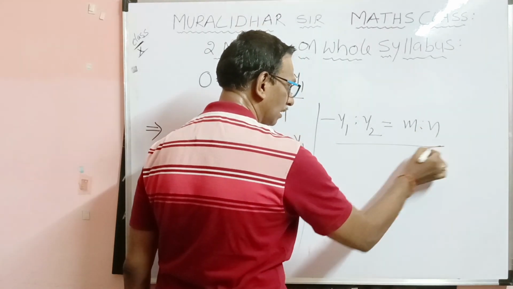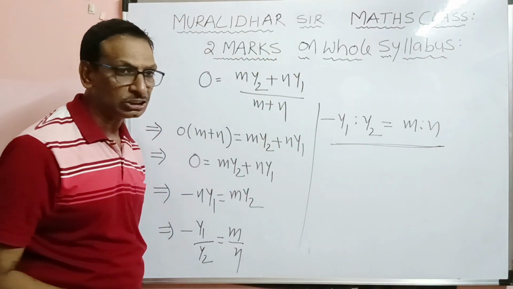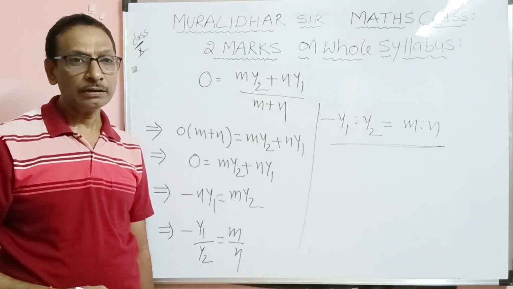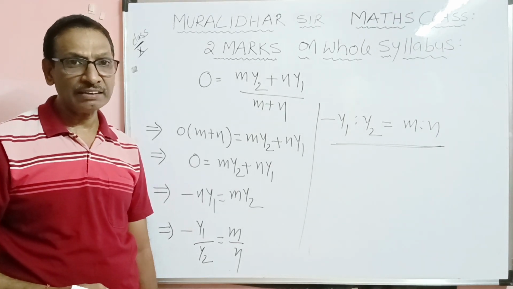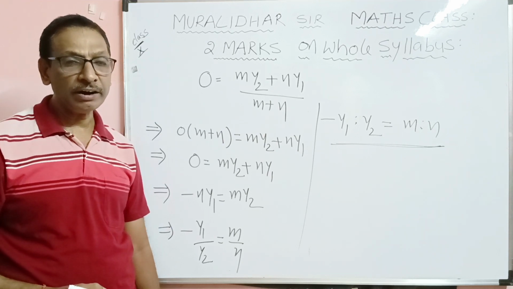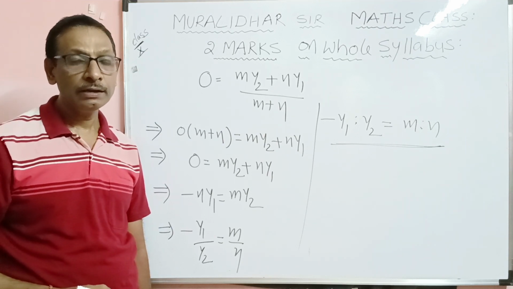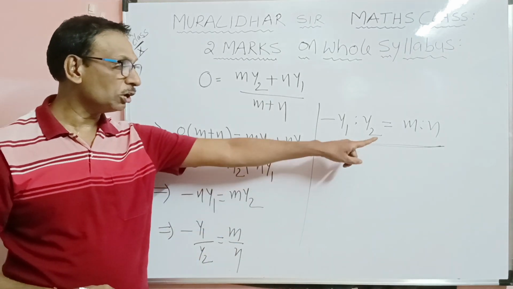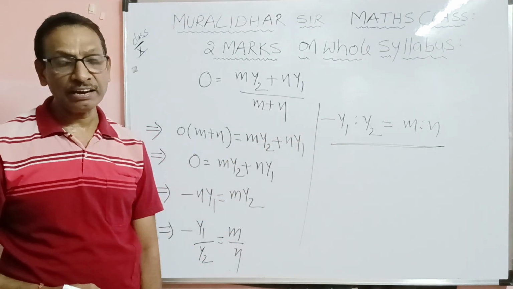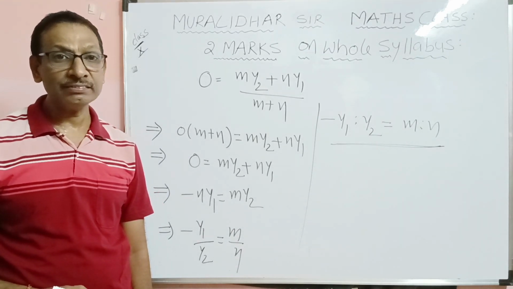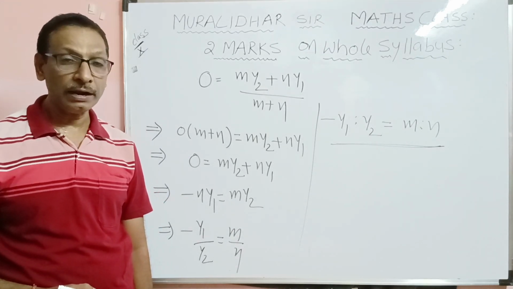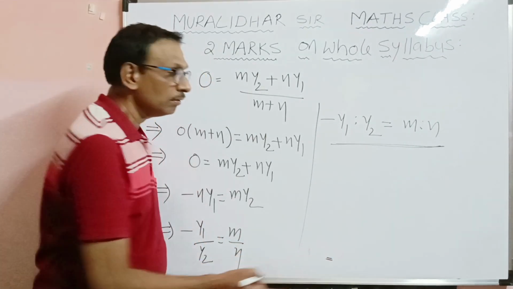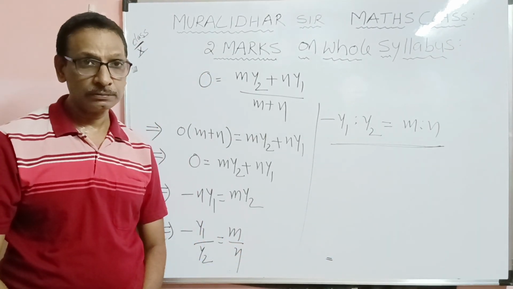Now this is the required ratio, in which the point on the x-axis divides the given line segment, m is to n. The ratio is always equal to minus y1 is to y2. Now this is the solution for this type of problems.